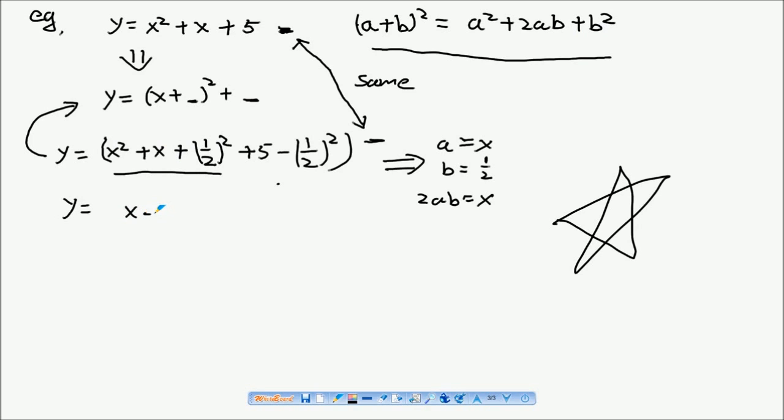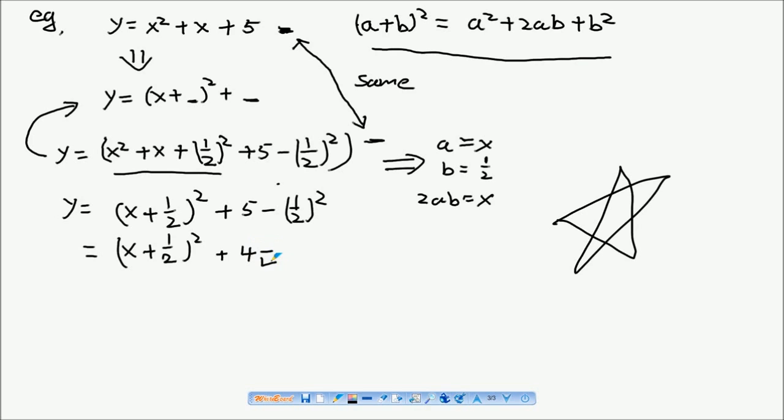It's x plus half square plus 5 minus half square, which is x plus half square plus 5 minus a quarter, which is 4 and 3 quarters.